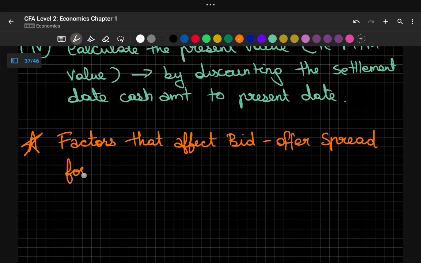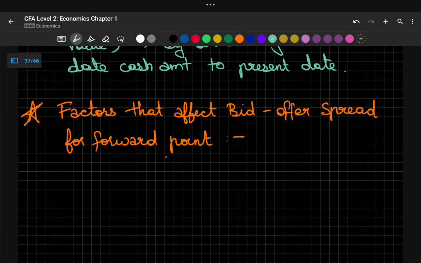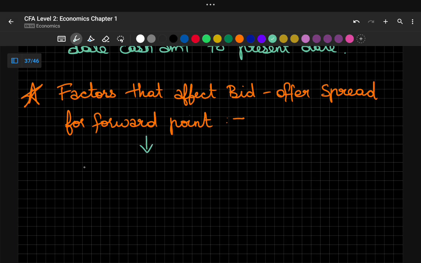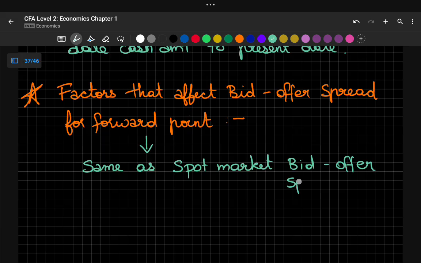Actually, the factors are the same as the factors that affect bid offer spread in the case of the spot market.